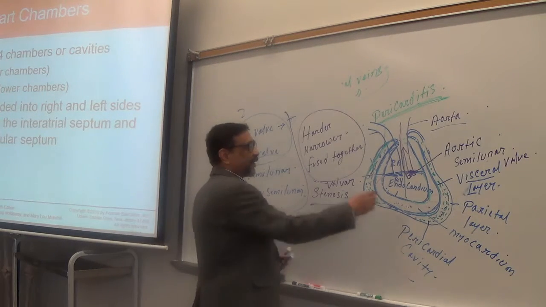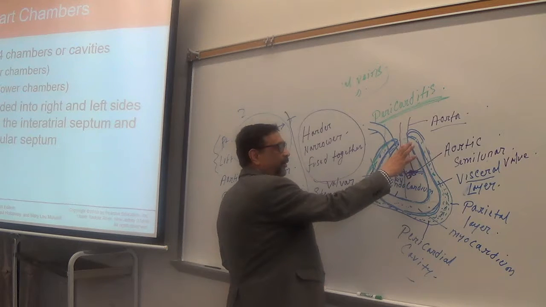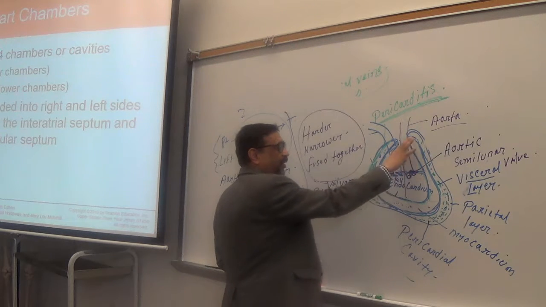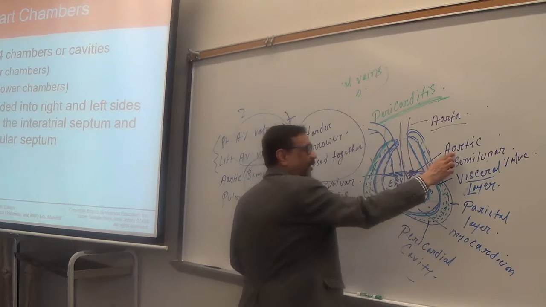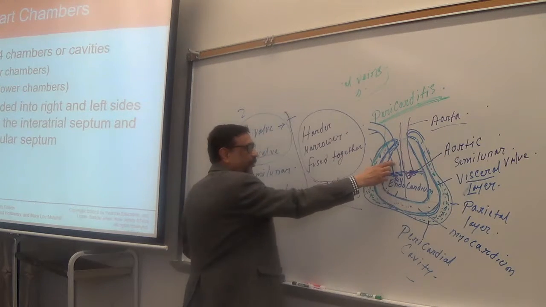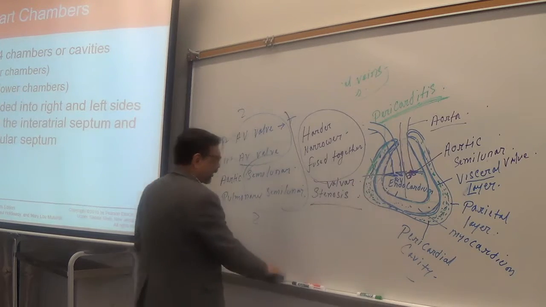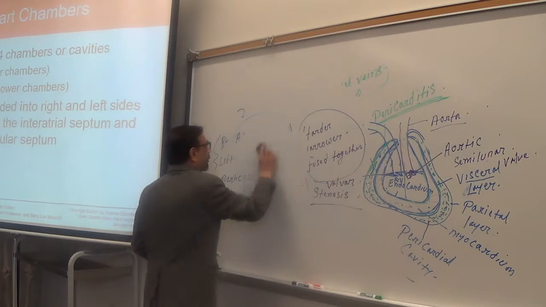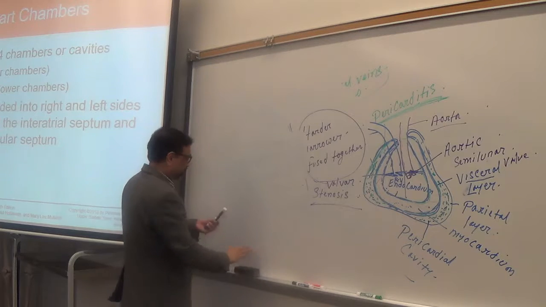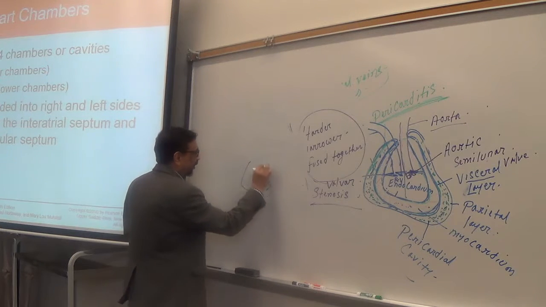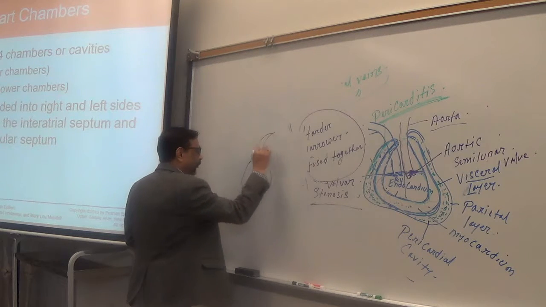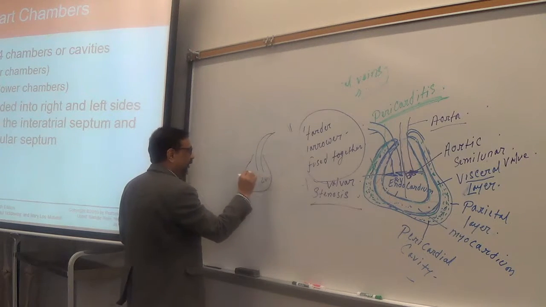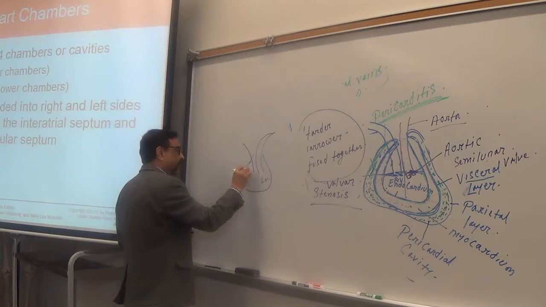The last thing I'll mention here is, see here, two large arteries take the blood out from the heart. One is the aorta that I have mentioned, another is the pulmonary trunk. What can happen sometimes, and this is the heart, okay? This is the aorta from left ventricle. This is pulmonary trunk from right ventricle.